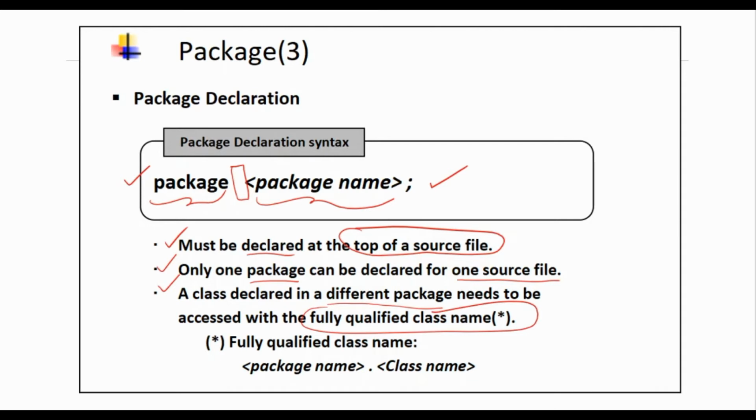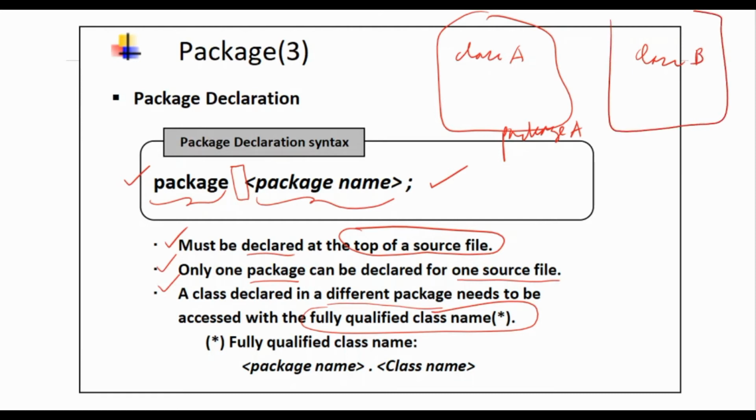Okay, so say for example, this is class A stored in package A, and say this is class B stored in a different package, say package B. Then say this is the caller class, and class B would access class A, which is stored in a different package.